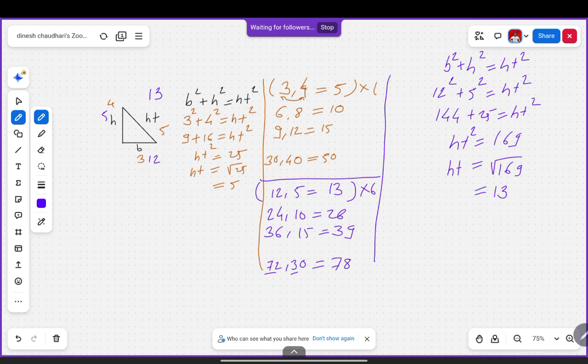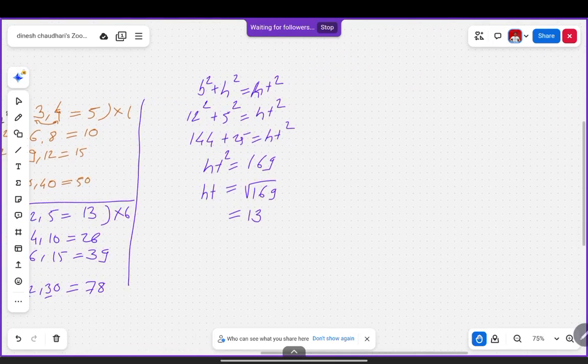Definitely you can calculate this with the above formula, but just imagine calculating 72 square plus 30 square, adding it, and then calculating the square root, which is very, very tedious. That's where this is a very important trick to remember for your competitive exams.